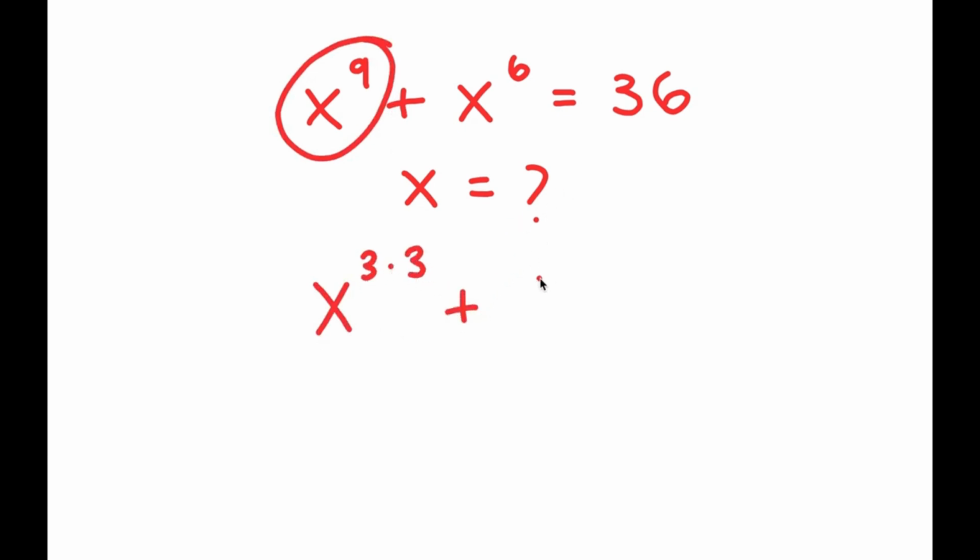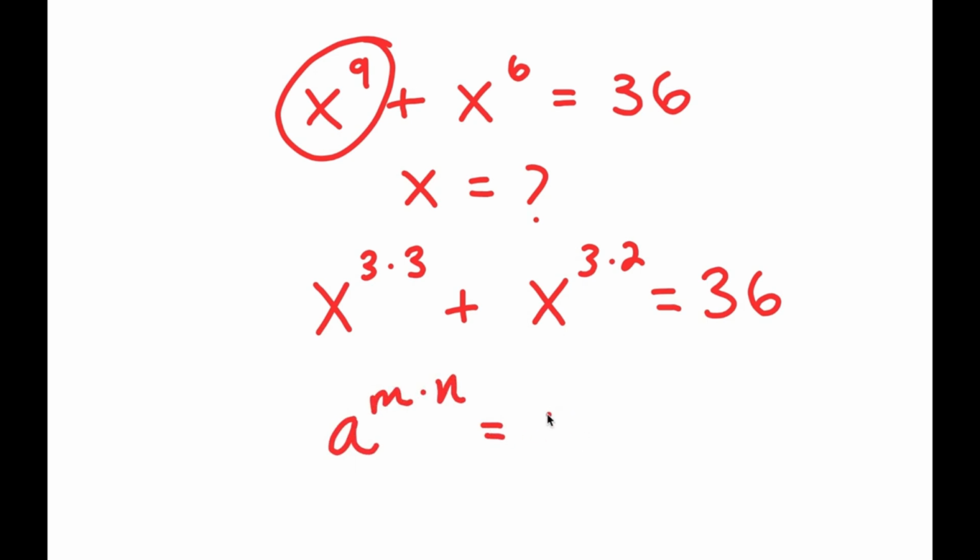And x to the power of 6, I can rewrite as x to the power of 3 times 2. So I get x to the power of 3 times 3 plus x to the power of 3 times 2 is equal to 36. Now from here, if I have something in the form a to the power of m times n, this is equal to a to the power of m to the power of n.